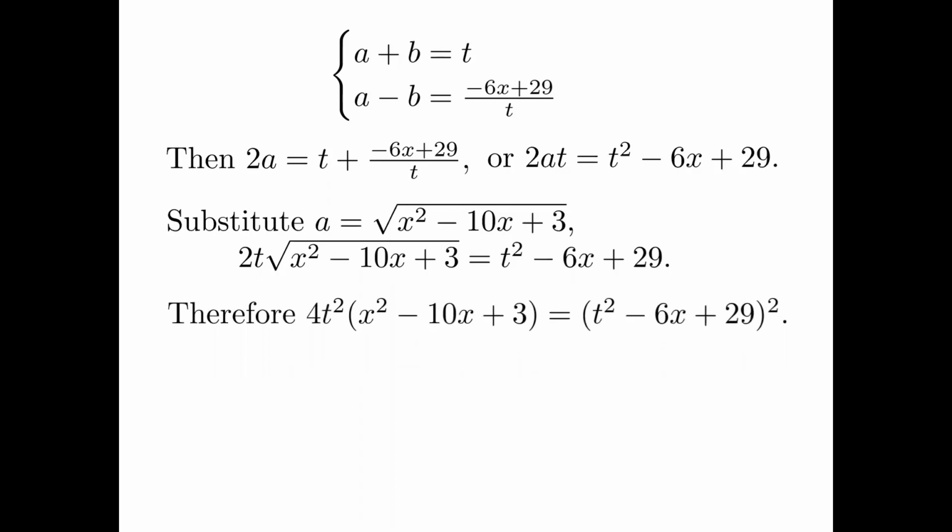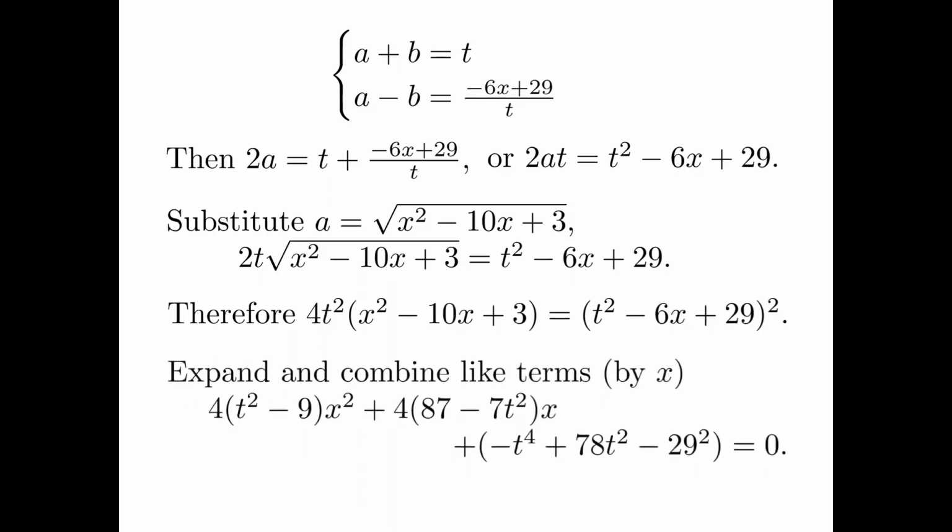We establish a rational relation between T and x. We expand and combine like terms by x. We establish a quadratic equation in x, and we know x is a real number.